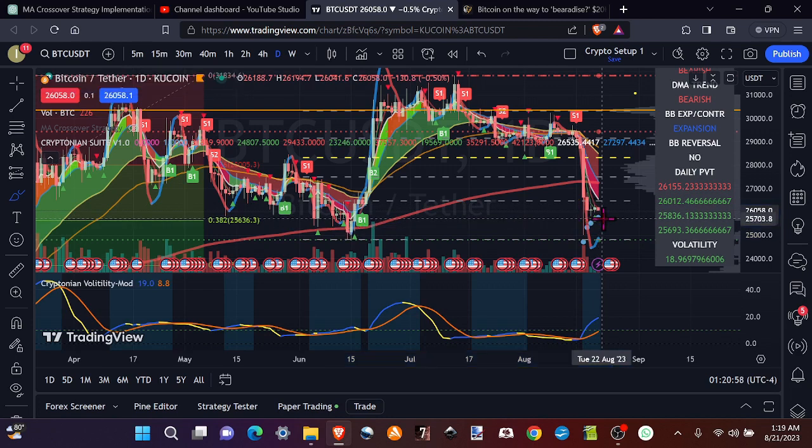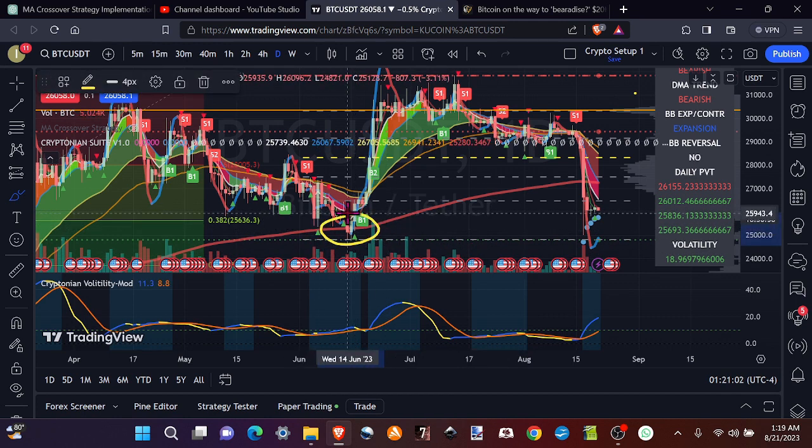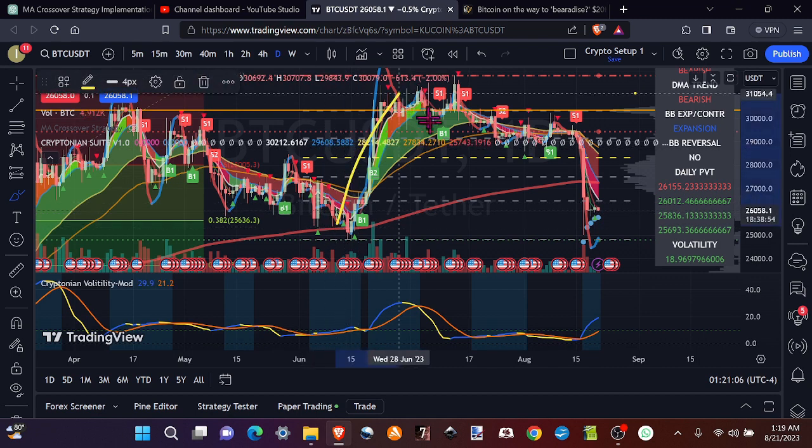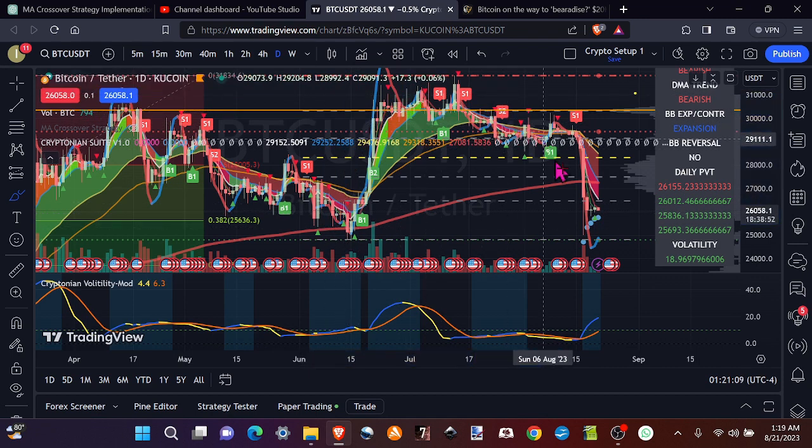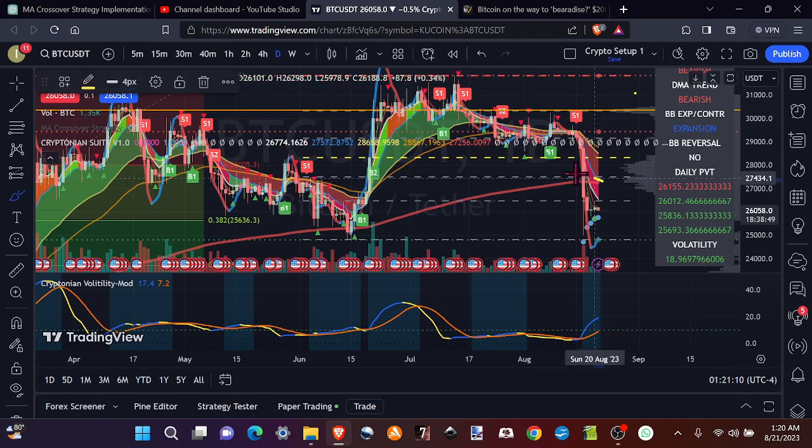So we haven't broken structure yet, but you can see where we had support at the 200 here, and then we had a weak impulse higher, and now we're back below the 200 here. This is a bearish sign. This is a red flag.